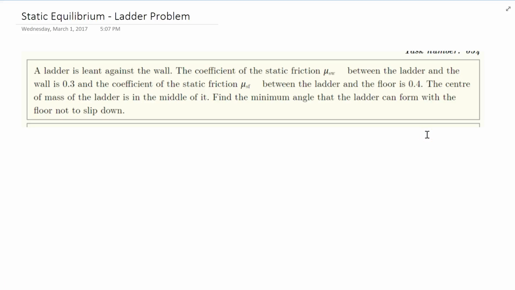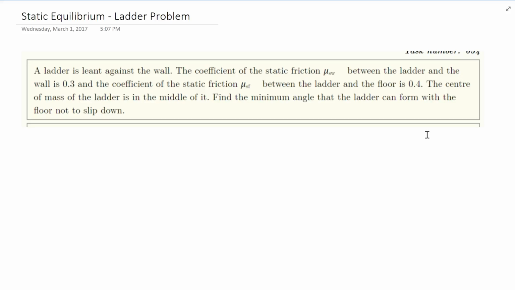So we have a ladder, and this ladder is leaning against the wall. So there's going to be two contact points, one at the floor and one at the wall. They told us that the coefficient of static friction of the wall is 0.3 and the coefficient of static friction of the floor is 0.4.